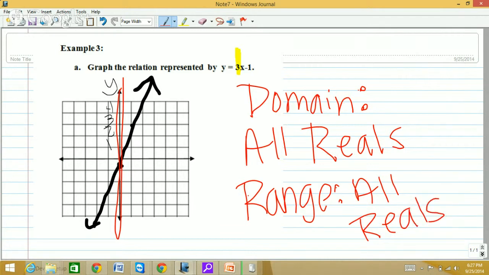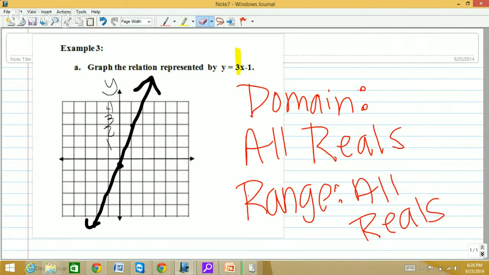Okay? And finally, C asks us to determine whether the relation is a function. So go ahead and use your pencil again. Take it, set it vertically and go left to right. And ask yourself if it hits the graph in more than one spot at one time.